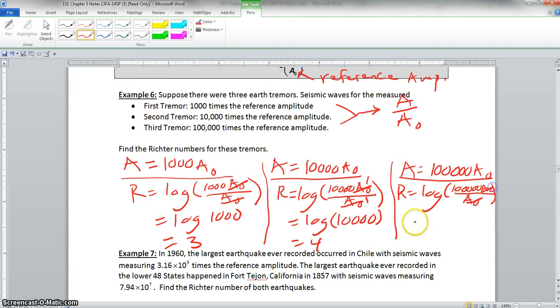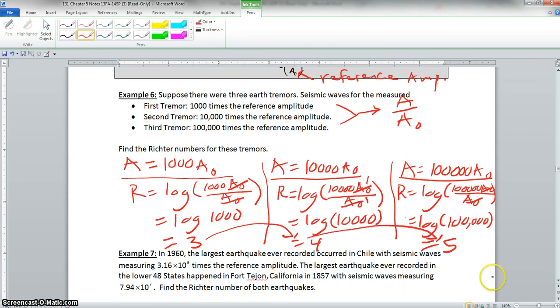These simplify out, and we will have log of 100,000, and that will give us 5. Now remember, these have gone up by a power of 10. So for every power of 10, you go up by 1.